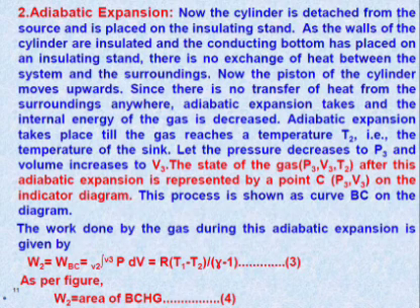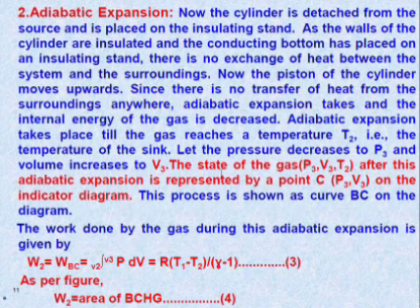Now the cylinder is detached from the source and is placed on the insulating stand. As the walls of the cylinder are insulated and the bottom is placed on the insulating stand, there is no exchange of heat between the system and surroundings. Now the piston of the cylinder moves upwards since there is no transfer of heat from the surroundings. Adiabatic expansion takes place and internal energy of the gas decreases.